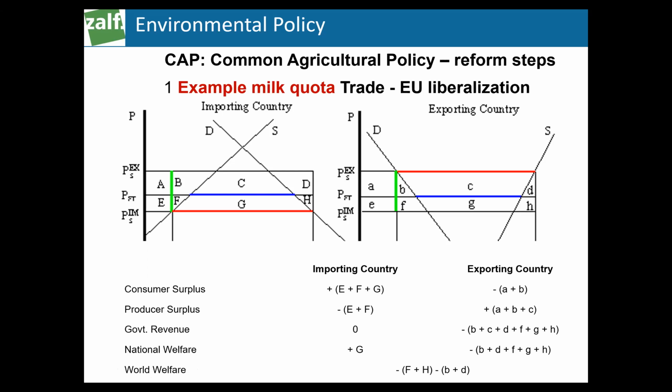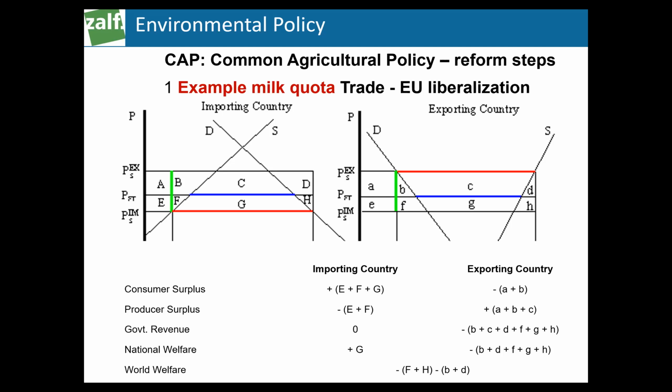Now, if you impose a tariff or something, or if you impose export subsidies, if you have a producer surplus, you have minus E and F, and in the exporting country, it's plus A, B, C. The government is not gaining in this game, but in the exporting, yes.